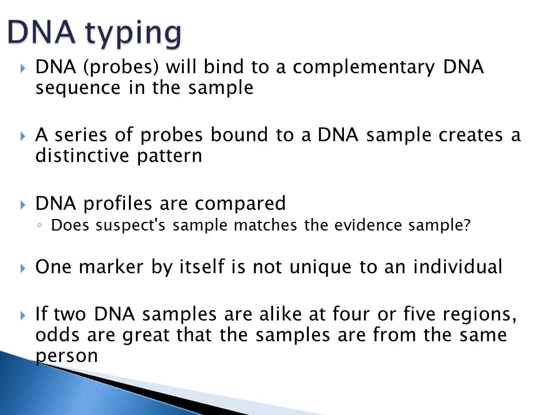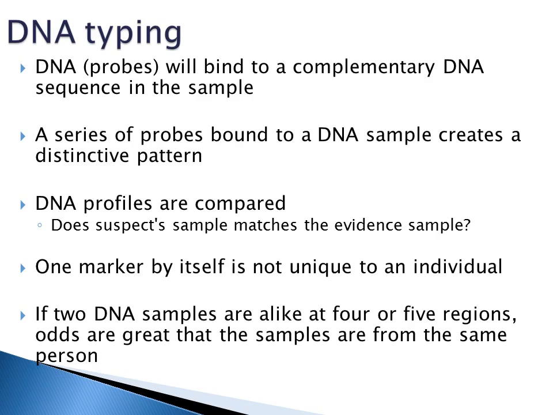So scientists find markers in a DNA sample by designing small pieces of DNA or probes that are going to bind to complementary DNA in a sample, so your typical blotting technique. So, a series of probes bound to a DNA sample creates your DNA fingerprint.